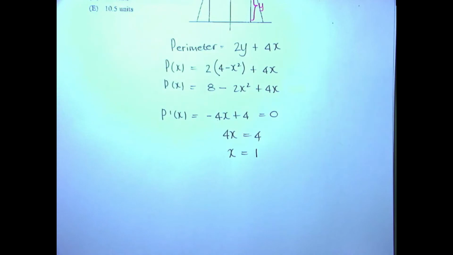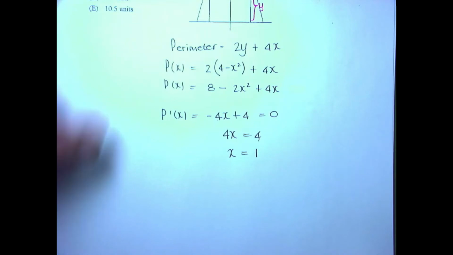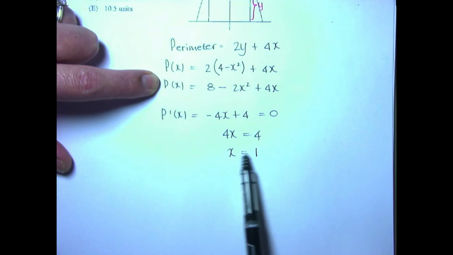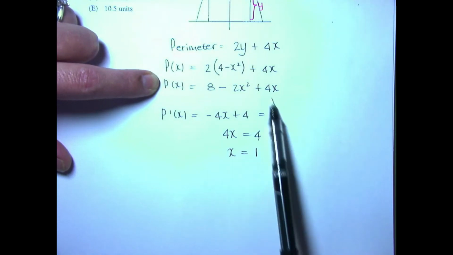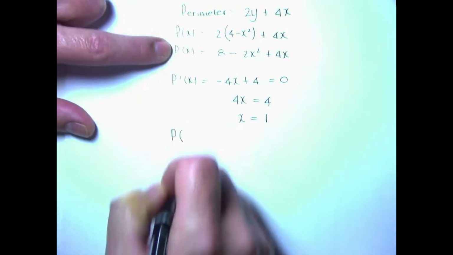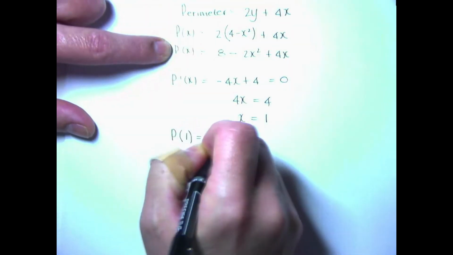Now the problem here did say what is the largest perimeter. It didn't ask me to find x and y, it wanted the largest perimeter. So since I have this equation for perimeter already, and this is the x value that optimizes the perimeter, plug it in there. So that max perimeter will be this equation p evaluated at 1.